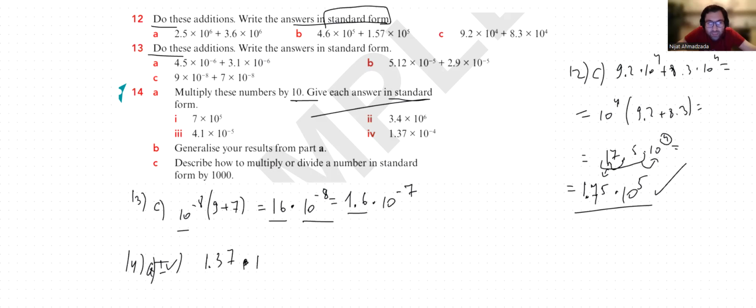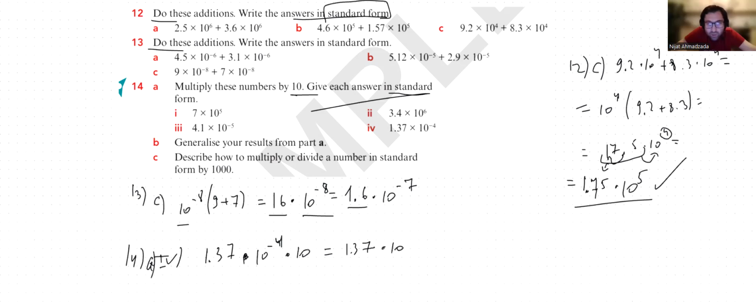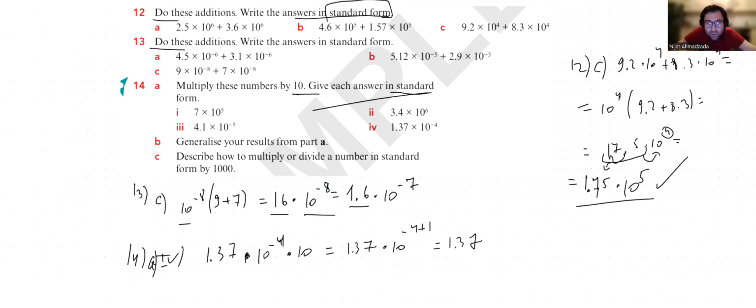We have to multiply it by 10. We know by the multiplication rule, this is 10 to the power of negative 4 and this is 10 to the power of 1. 1.37 stays, and it is 10 to the power of negative 4 plus 1. Negative 4 plus 1 is just negative 3. So 10 to the power of negative 3. 1.37 times 10 to the power of negative 3. This is it.